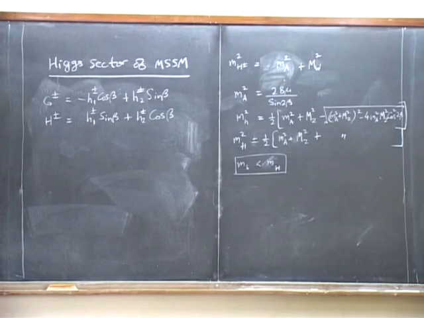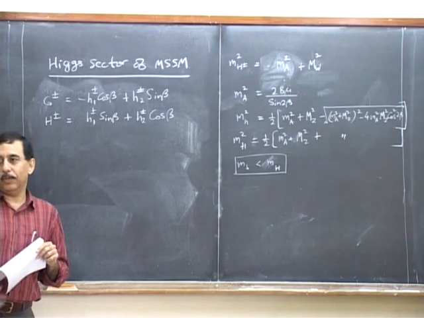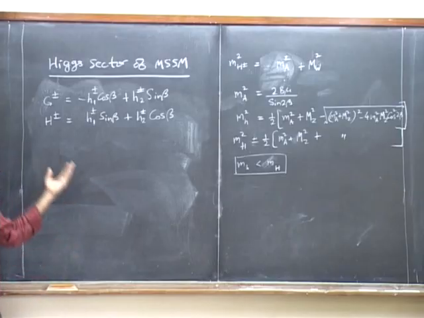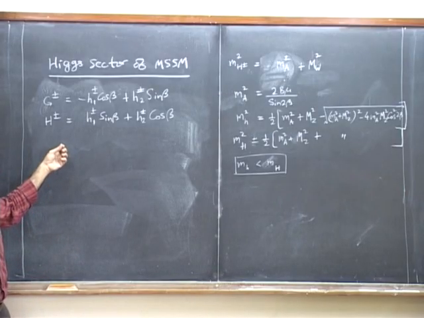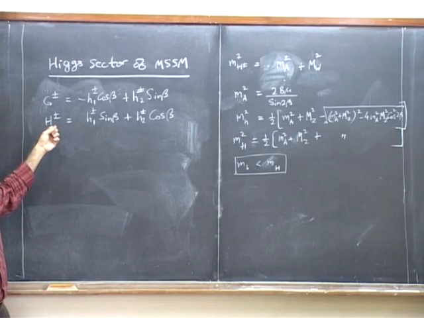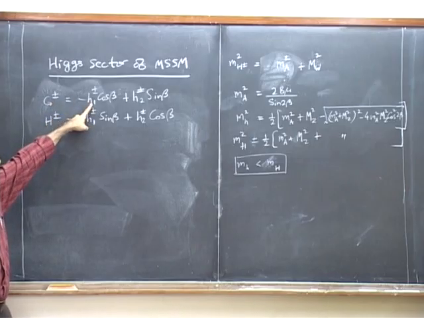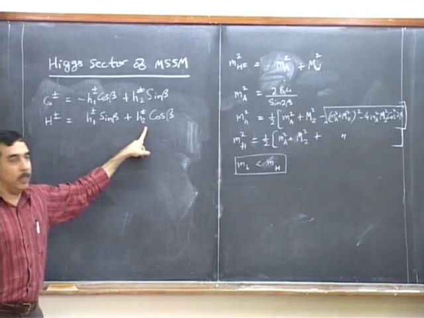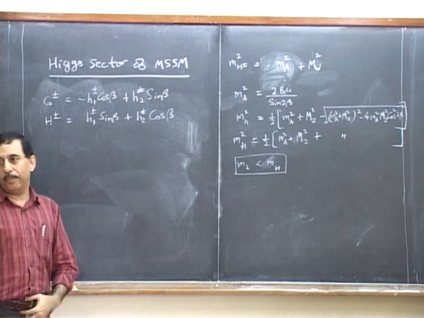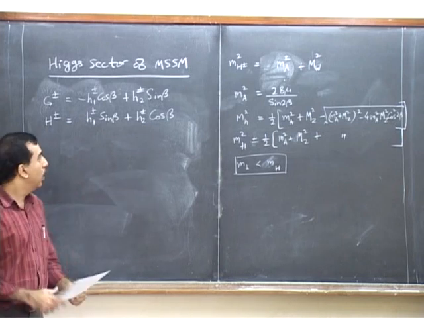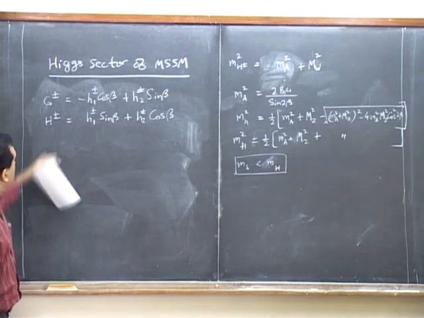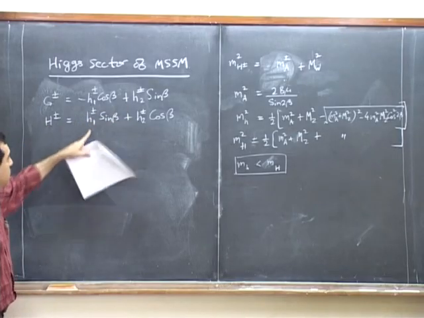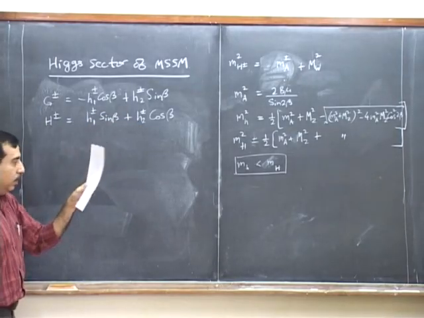So in other words, if beta was 0, which means the second Higgs didn't have a vev, but only the first Higgs had a vev, everything we're doing here would go through, and the Goldstone would be entirely made up of H1, and the massive Higgs would be entirely made up of H2. Okay. So this is just the rotation which defines capital H plus and minus in terms of the original fields in the Lagrangian.